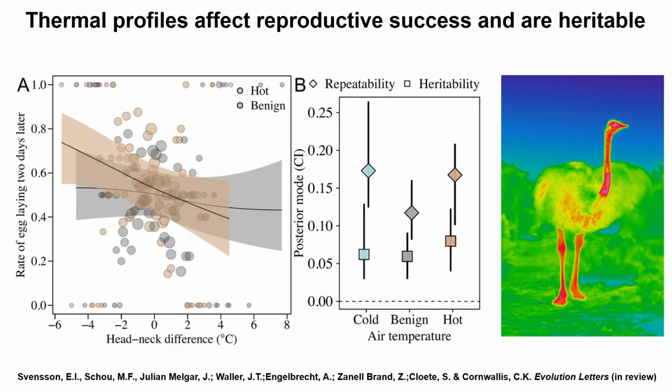And this also has consequences for reproductive success. At hot temperature, if the head is cool relative to the neck, reproductive success increases. But you see no effect at benign temperatures. And finally, we have also estimated repeatabilities and heritabilities and evolvabilities and additive genetic variances of thermal profiles.